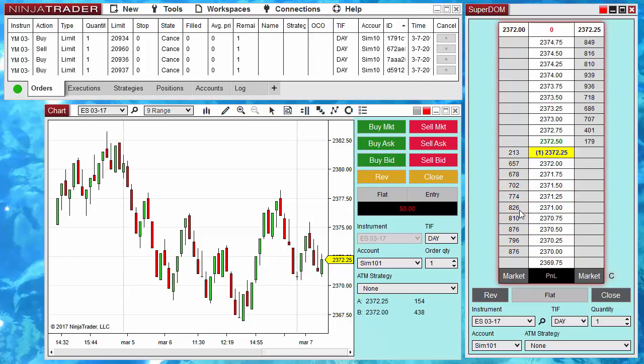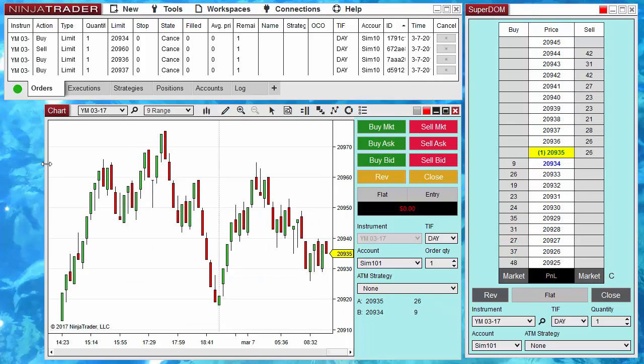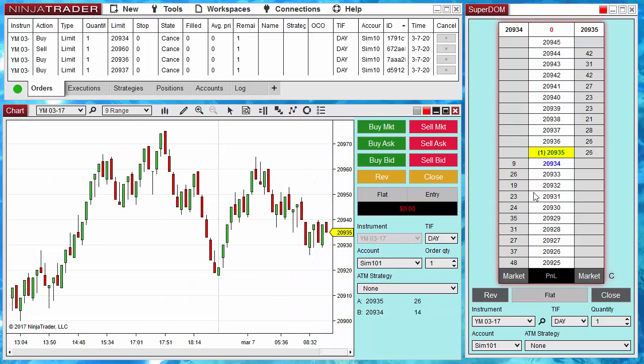So at this level, at 70-75, we have 810 contracts in front of our order. So that means that the price can touch several times our entry price and we may not get a fill. This is the reason why it is easier to get fill on another instrument.